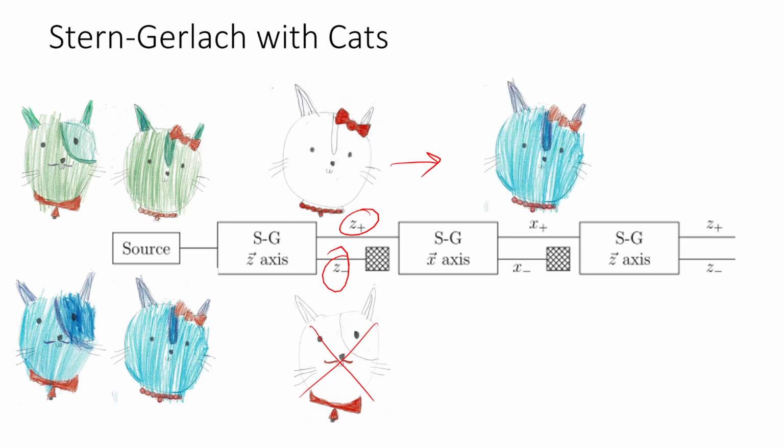So say you send in 400,000 cats. About 200,000 of them are gentle lady cats, and the 200k gentleman cats are blocked. We send the ladies through this other Stern-Gerlach X device.